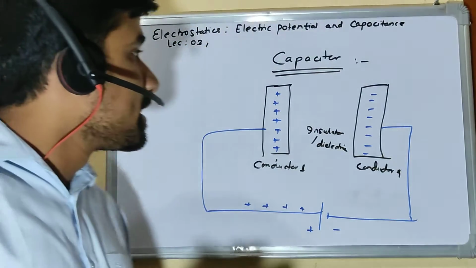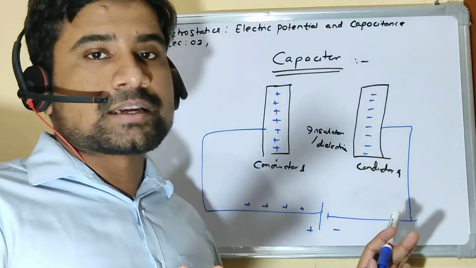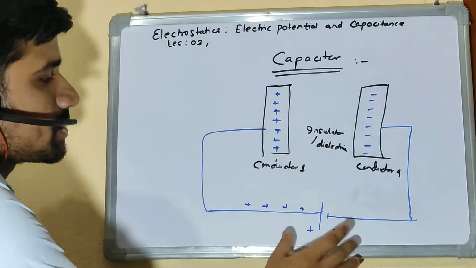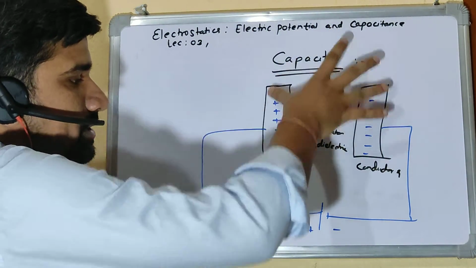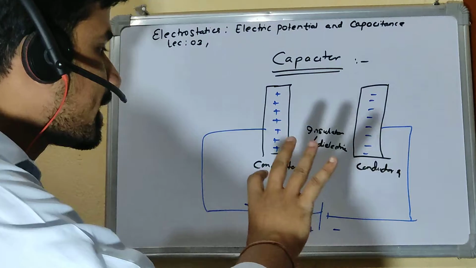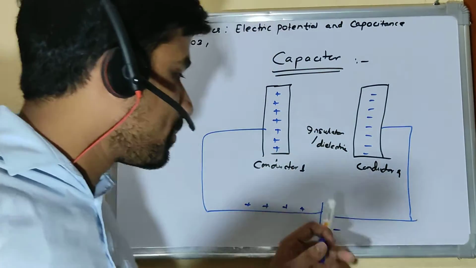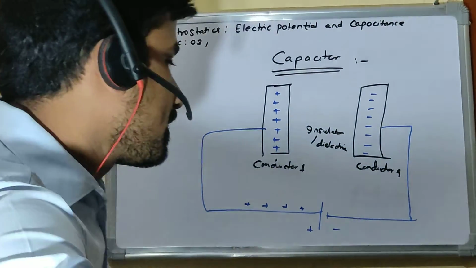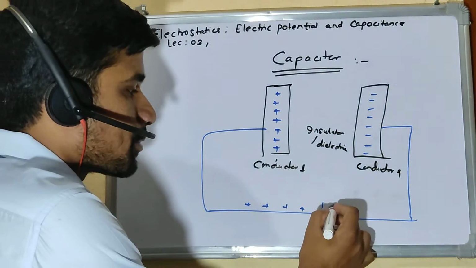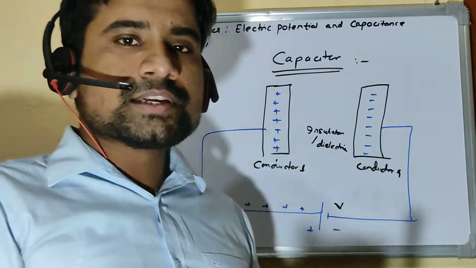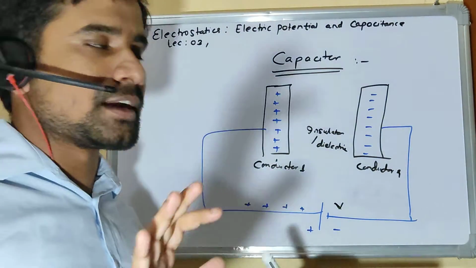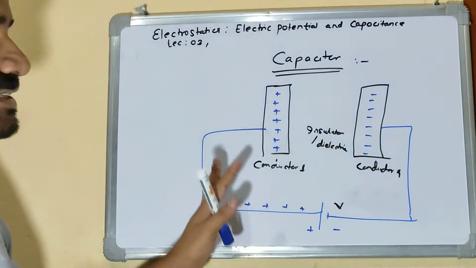Now you see this capacitor is now a charged capacitor. It will keep on charging until the potential difference between the two plates becomes equal to the potential of the battery. Let's say V is the potential of the battery. Once it attains that potential, it will stop charging. Now it is a charged capacitor.